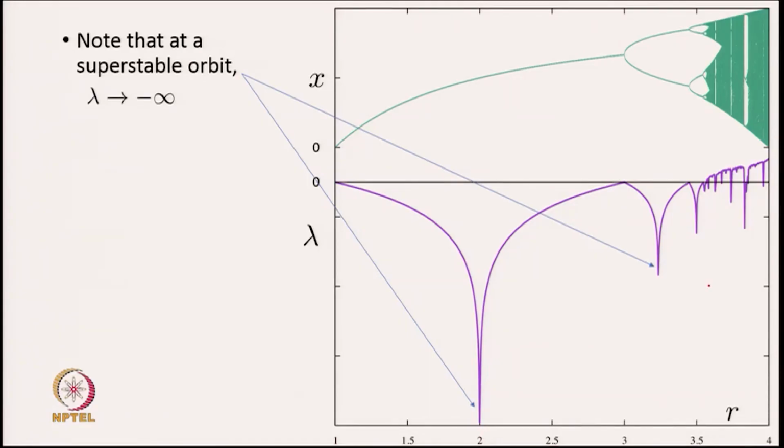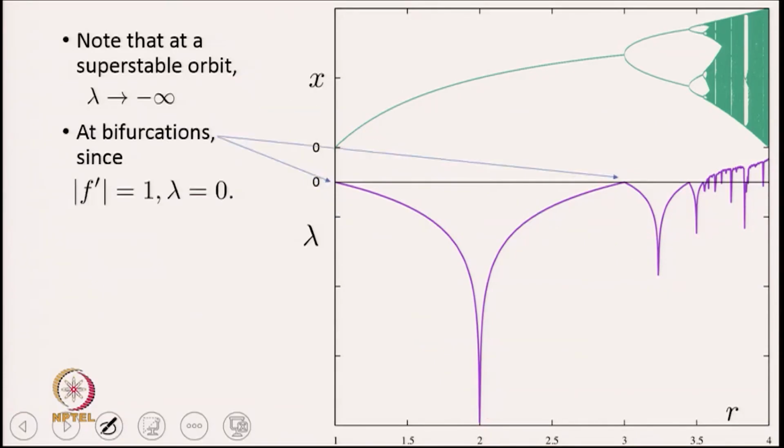Numerically, you do not always reach negative infinity, but you can see the indications of that at this superstable orbit, at this superstable orbit, and many other superstable orbits all over the place. At a bifurcation, on the other hand, the slope of the map is equal to 1, and therefore, the Lyapunov exponent must be exactly 0.